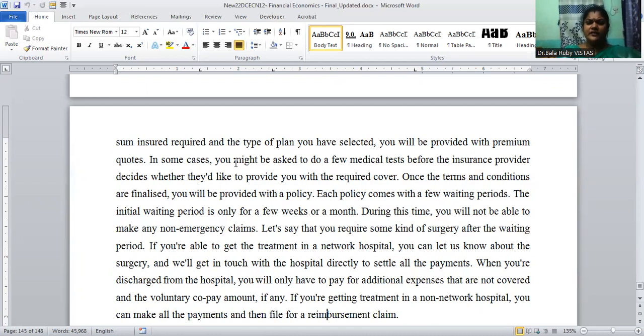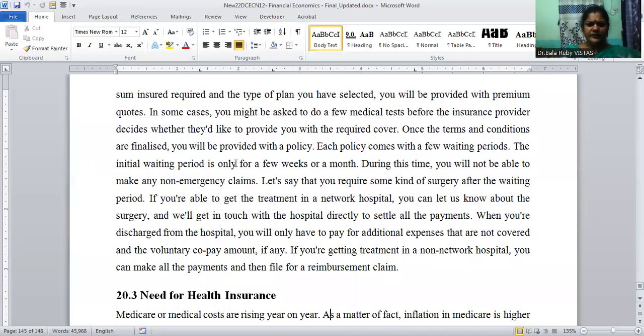Each policy comes with a few waiting periods. The initial waiting period is only for a few weeks or a month. During this time, we will not be able to make any non-emergency claims. Let's say that we require some kind of surgery after the waiting period.